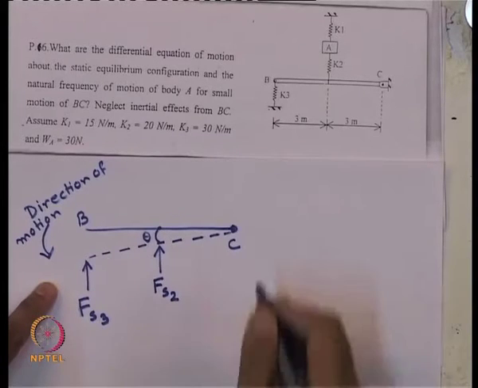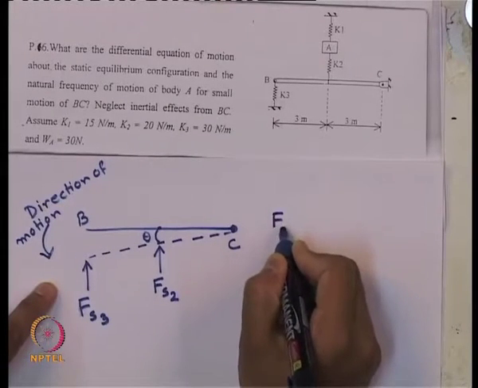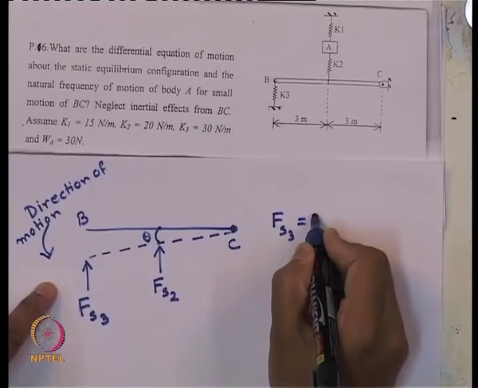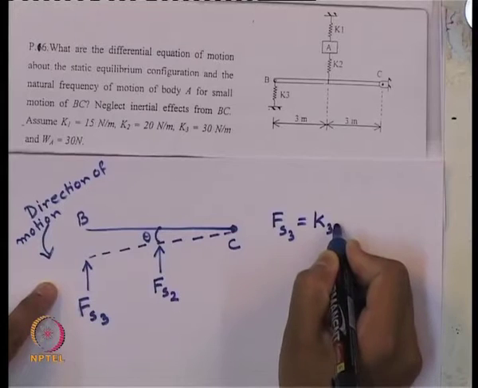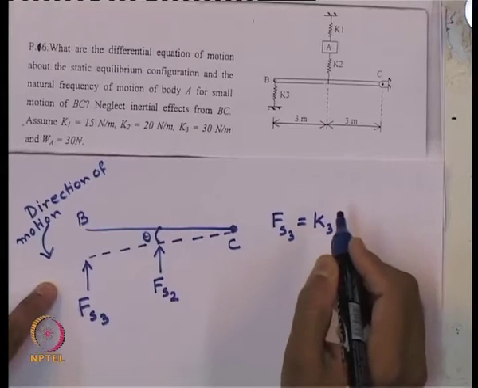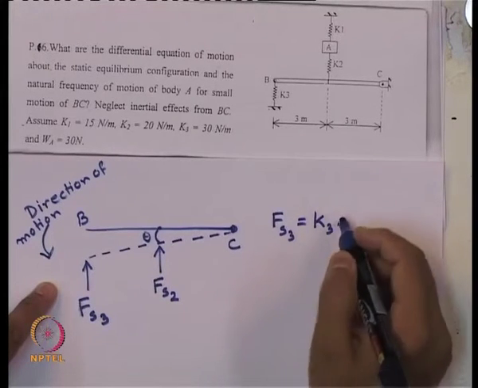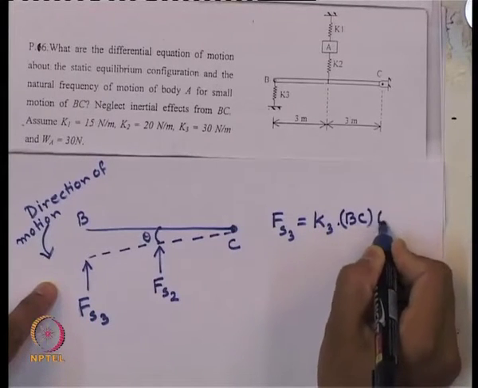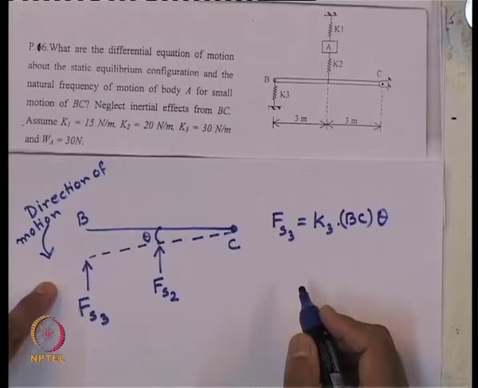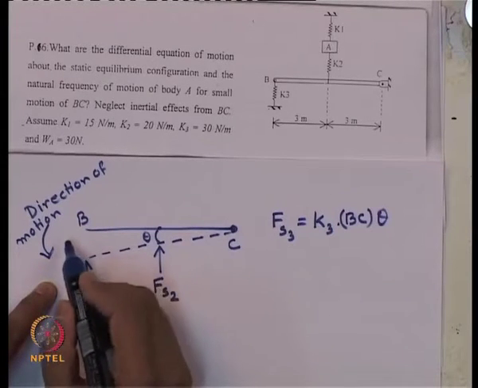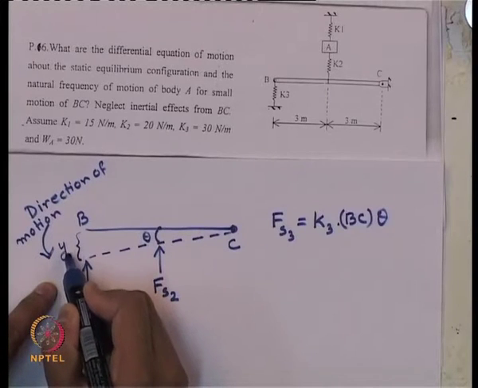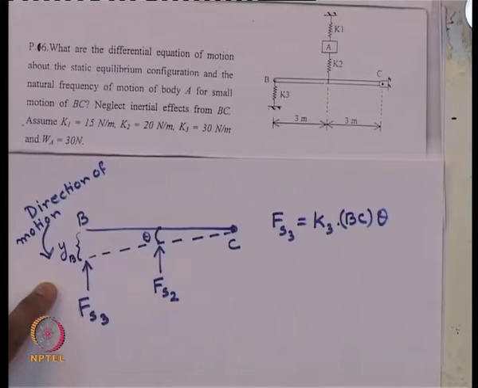Now, how much are the values of this Fs3? Fs3 is K3 times the distance BC times theta, or let us say this displacement we are denoting as y of b.